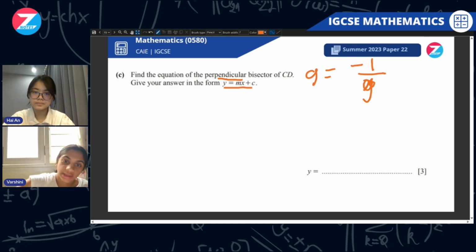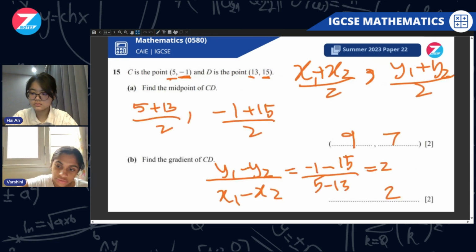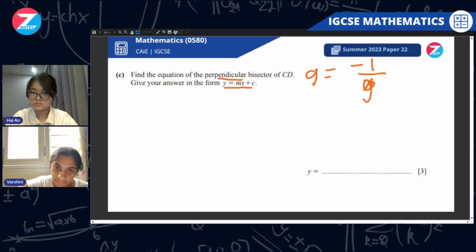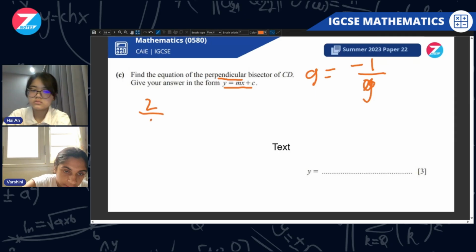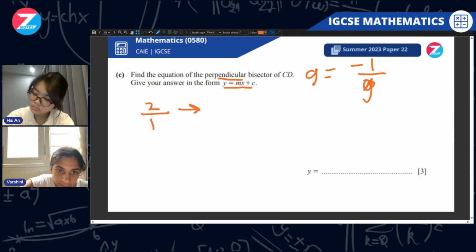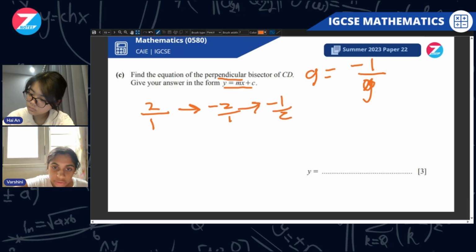So if we look at our gradient above, we've got 2. So we know the gradient of the perpendicular bisector is going to be negative 1 by 2. So that's our gradient over here.